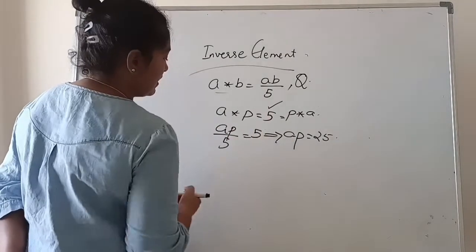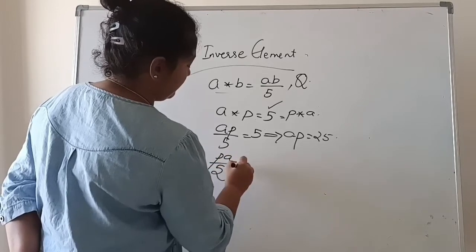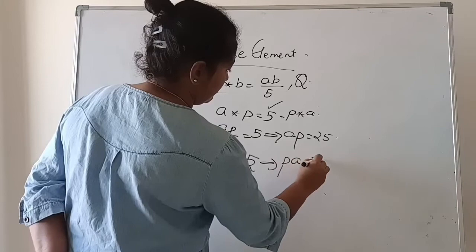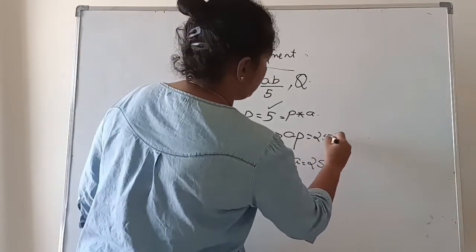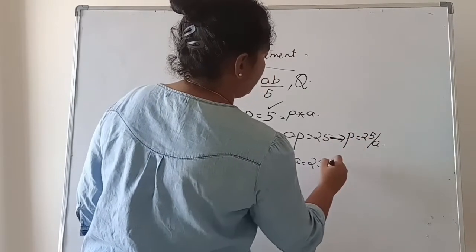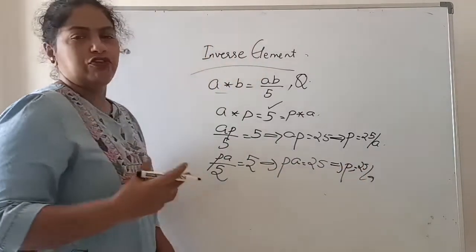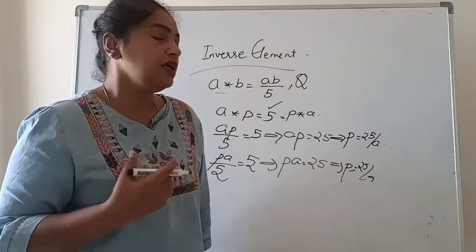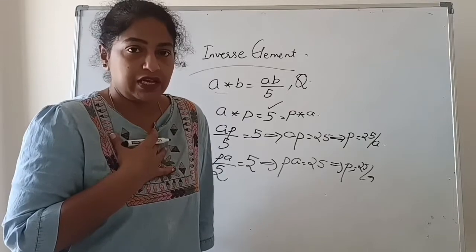Now, in the second case also I get the same. From the first statement, what is the value of P? 25 by A. From the second statement also, the value of P is 25 by A. So, you are getting the same value, which is consistent, in both the cases. So, P is equal to 25 by A is my inverse element.